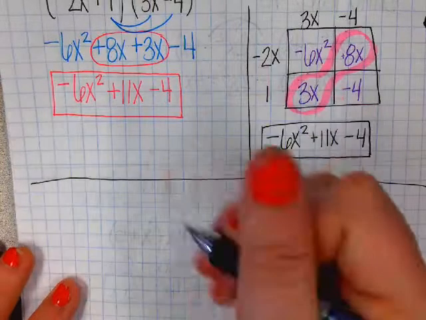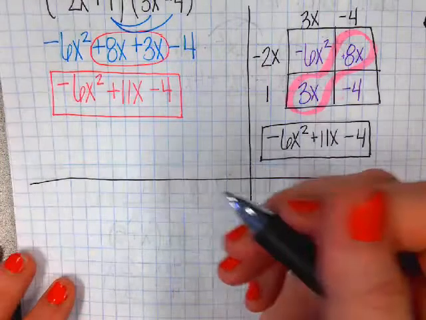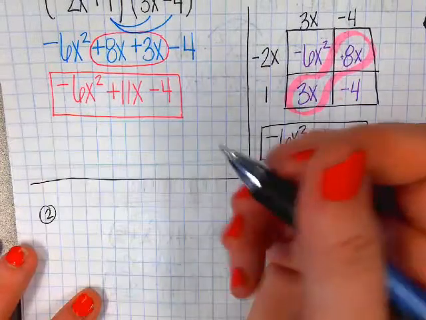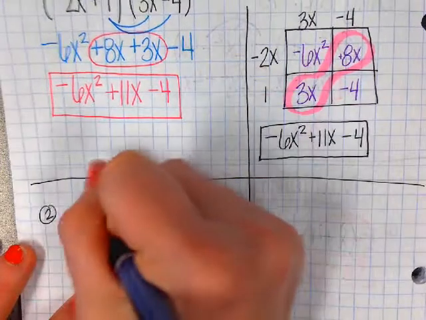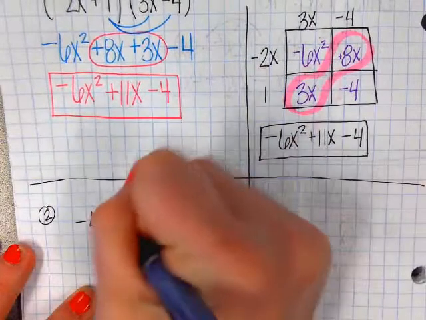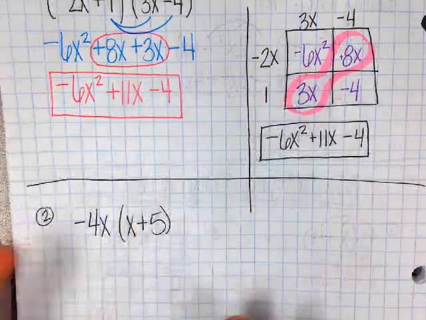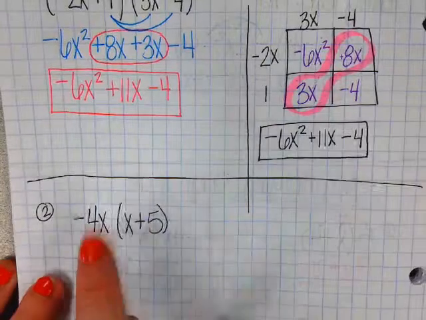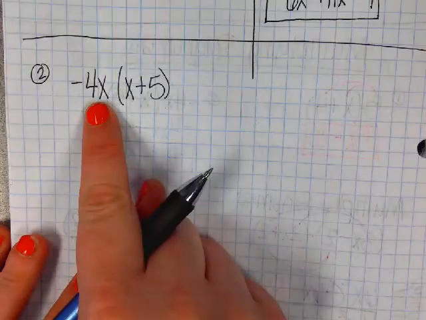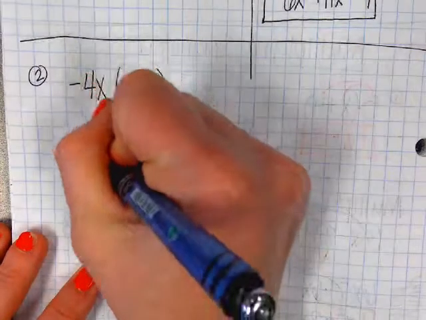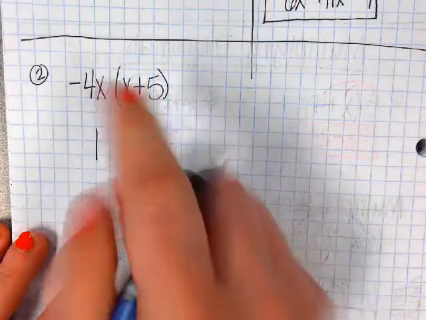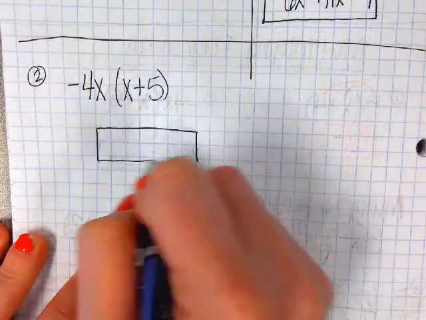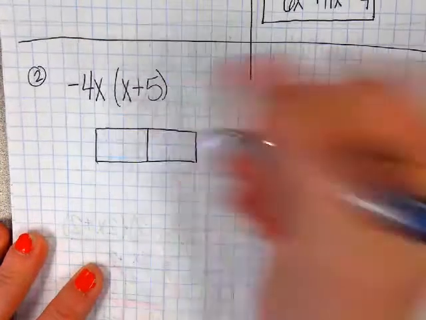Now, I am going to do one of the problems, the one that we did on the second problem. I'm going to use the box just so you can see how it will work every single time. So I'm going to do that same example number 2 again. It was negative 4x times x plus 5, right? Now, how many terms are in this first part? 1. So I'm going to make it 1 tall. How many are in the second part? 2.